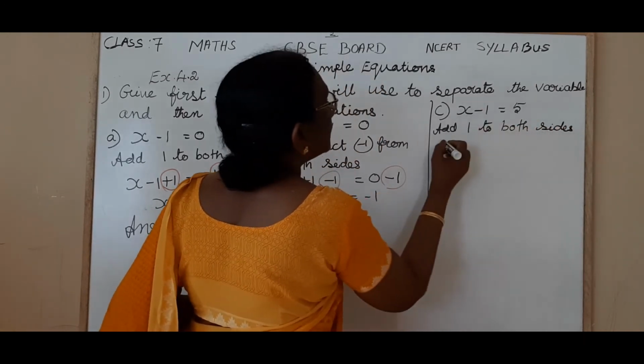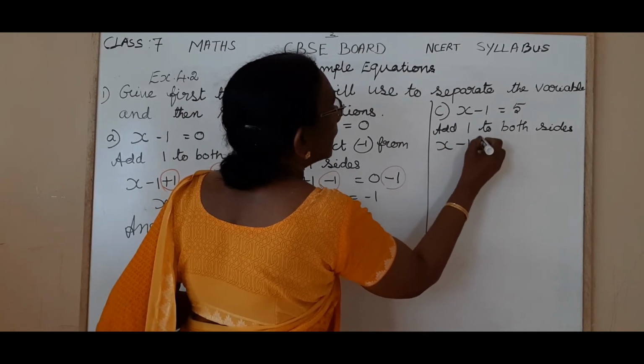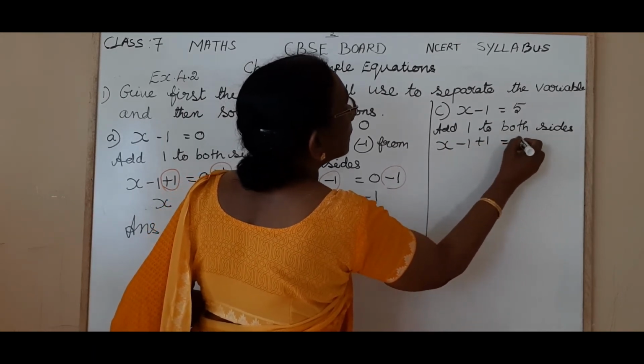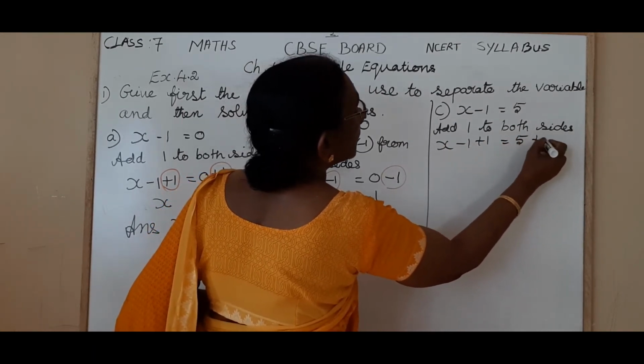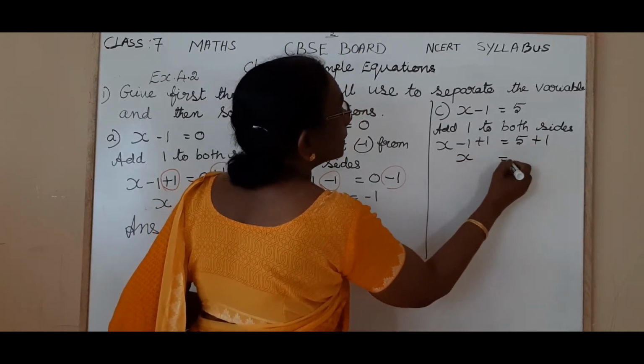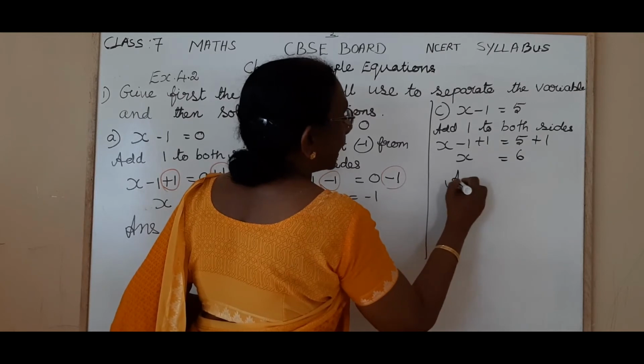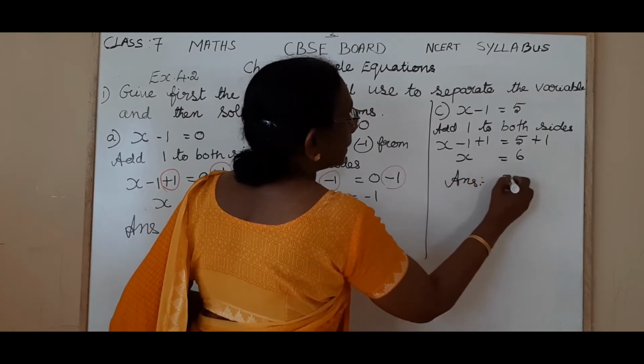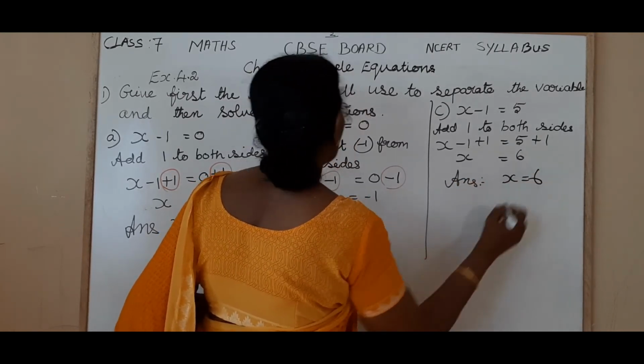So what do you get? X minus 1 plus 1 is equal to 5 plus 1. 1 minus 1 will get cancelled. So x is equal to 6. So the answer is x is equal to 6.